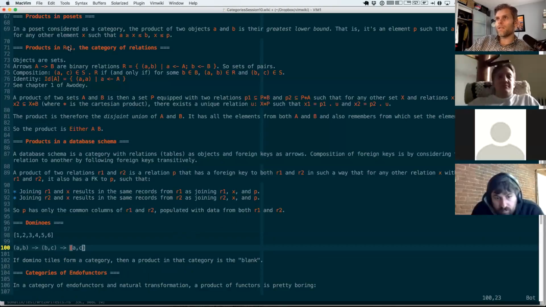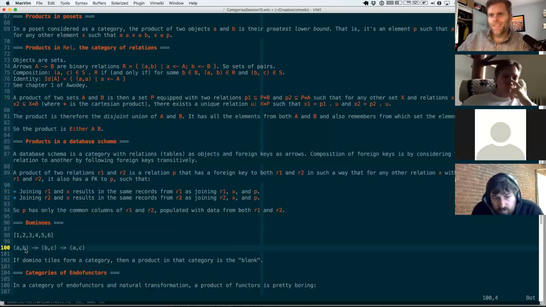It's basically the same one as the Rel category, except these are single element sets: 1, 2, 3, 4, 5, and 6. They all have only one element. Right. And there's an arrow. All these arrows exist. So there's an arrow from every tile to every other.